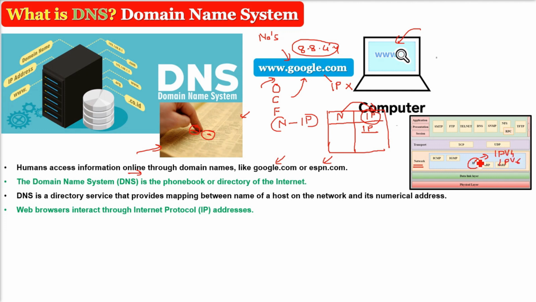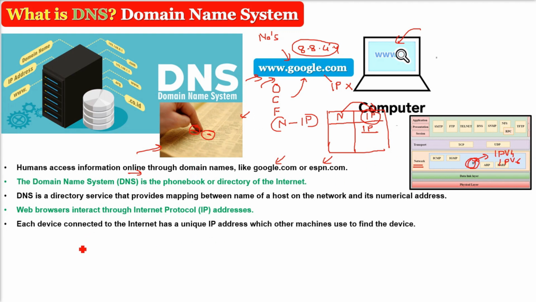The name you are typing has no meaning. www.google.com has no meaning for the computer or the network. It is only for you to understand and remember. Each device connected to the internet has a unique IP address, and that is how it is known all over the network. To find the device, find the IP.